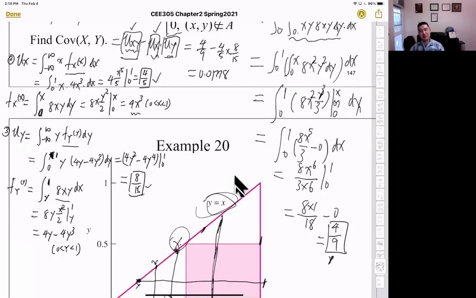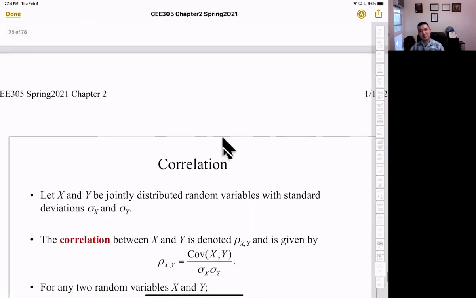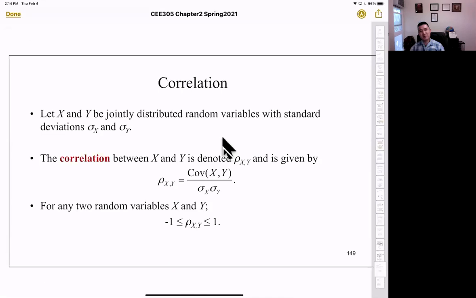Other questions before we continue? All right, correlation. Seen from this equation, the correlation rho xy is a function of the covariance Cov xy, as we just discussed in the previous slides.